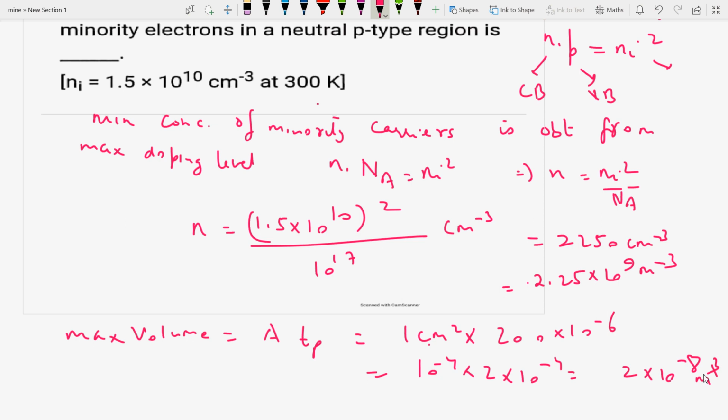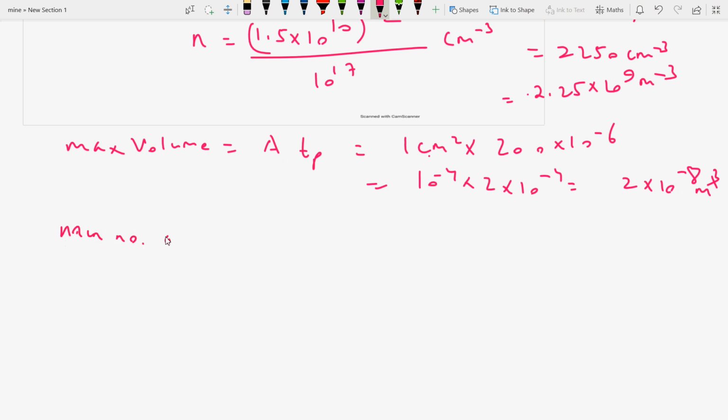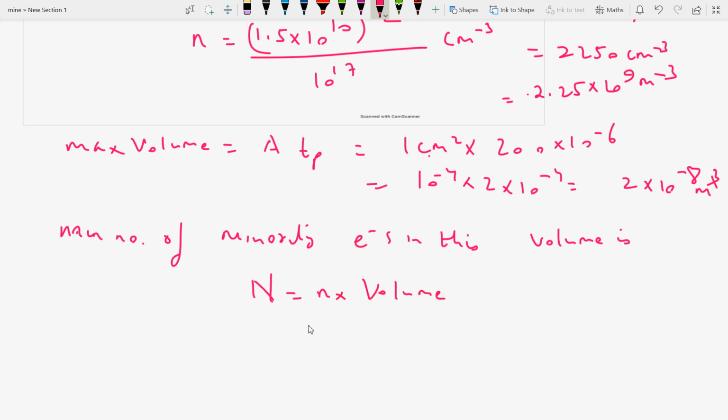Now the minimum number of minority electrons in this volume is capital N equal to n into volume, right? You have already calculated n as 2.25 into 10 to the power 9, and the volume is 2 into 10 to the power minus 8.